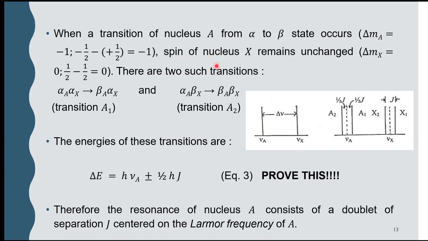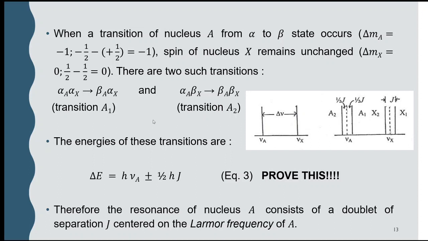The spin of nucleus X will remain unchanged, meaning that you're looking at alpha A and beta A, and alpha X and beta X, that doesn't change.